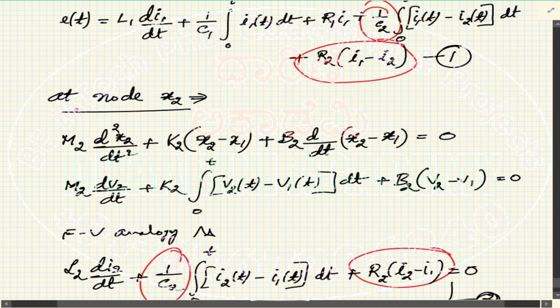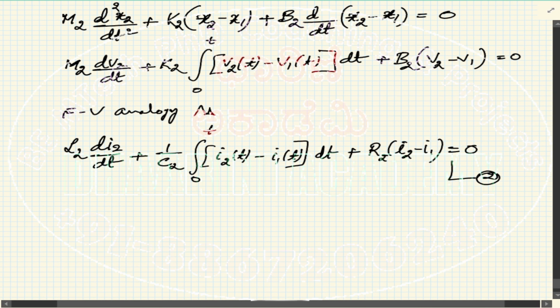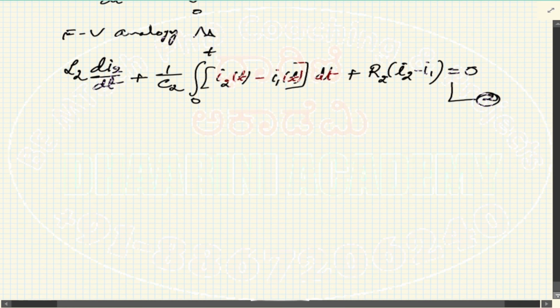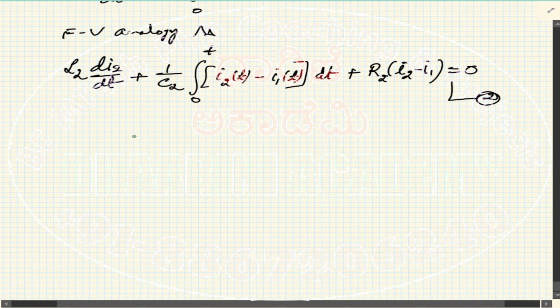The other components we are writing are not present as common components. See L1, C1, and this is L2 in the other equation. L1 and C1 are only present in the first loop. So there is an inductor, followed by a capacitor for equation 1, and this is supplied by a voltage source, plus minus.